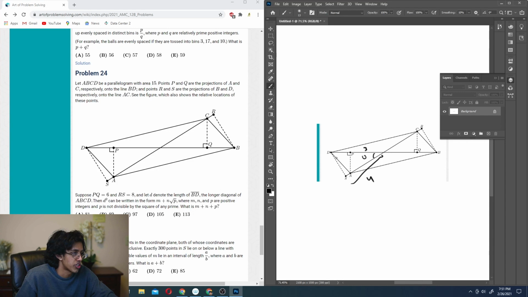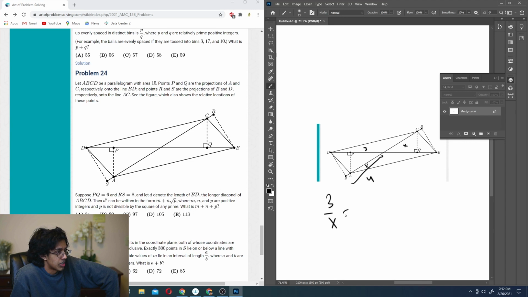Well, okay, so let's just say, let's try. Okay, so we need to find the area in terms of some of the known side lengths, right? So, okay, let's just say this is like x, right? The x. So we know that like 3 over x is equal to, if we say this thing is d over 2, right?